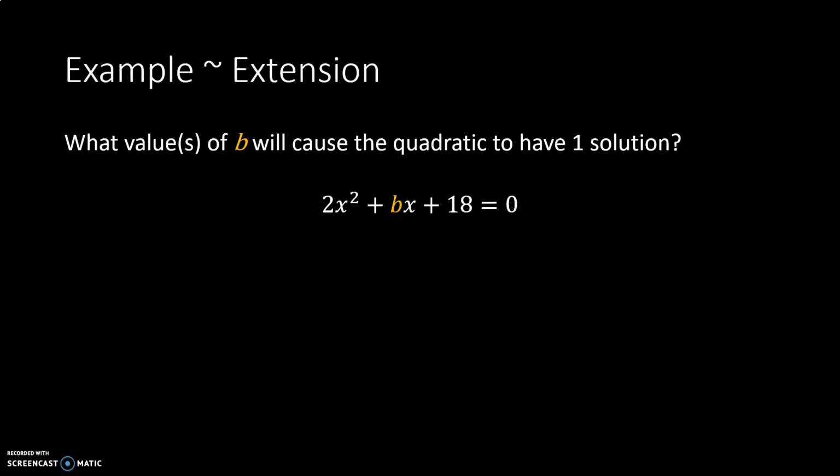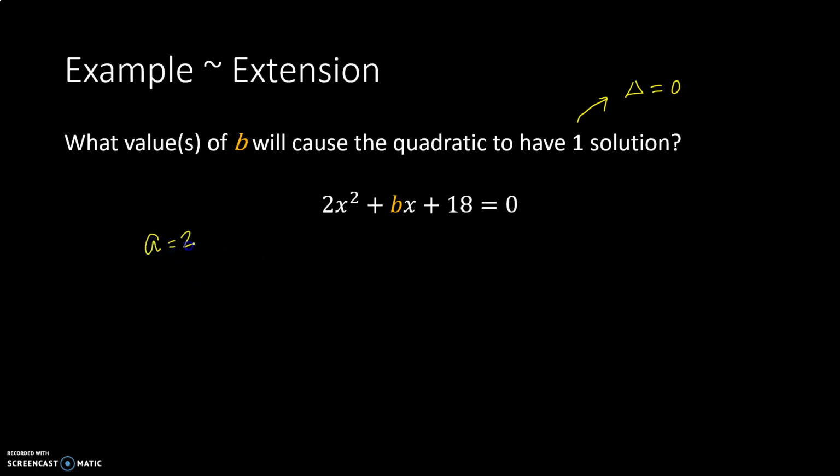This last problem is kind of an extension of this idea with the discriminant. We were looking for what values of b will cause the quadratic to have exactly one solution. Well, one solution means to us that the discriminant is equal to 0. So we're going to set our discriminant equal to 0 and figure out what b would have to be.